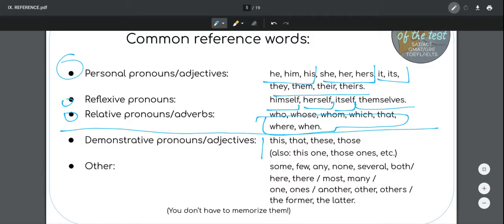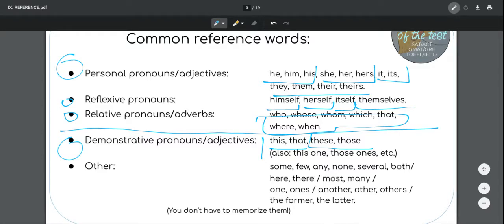Himself is referring to Luis or Jose, etc. When we start with the demonstrative pronouns, it's going to be not that obvious, right? It's not like the words this and that versus these and those are going to refer to either a male or a female. So in these cases, we're just going to focus on singular or plural, and we're going to focus on the word that is closer to the referent.